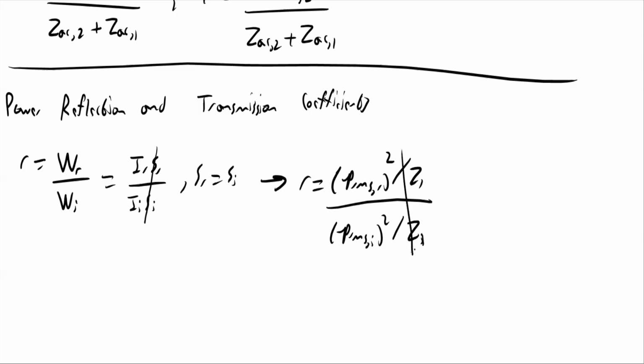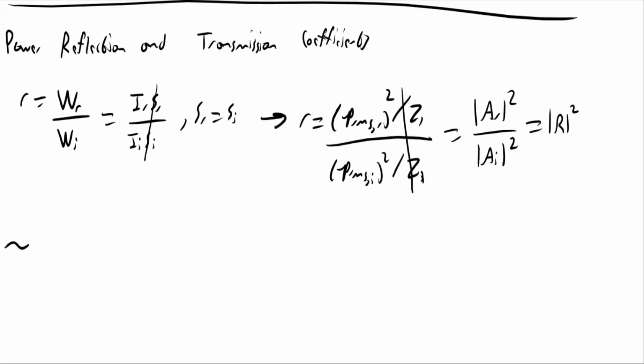The Z1s cancel, and any time dependence of PRMS cancels for the incident wave and reflected wave. Because we are at the interface, the spatial dependence also cancels. So all you're left with is AR squared divided by AI squared, or the magnitude, which we recognize as the magnitude of R squared.